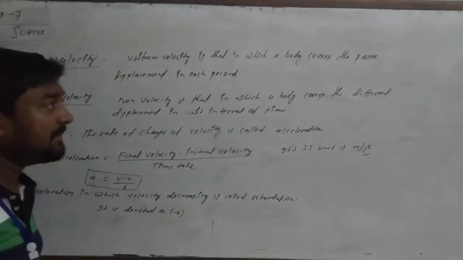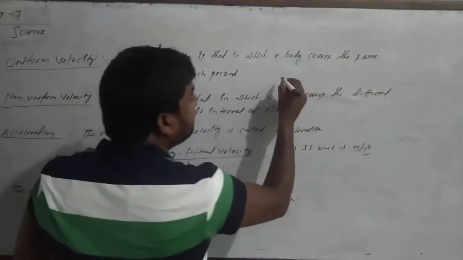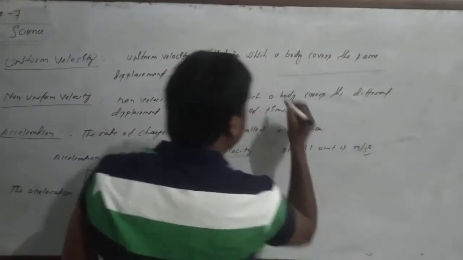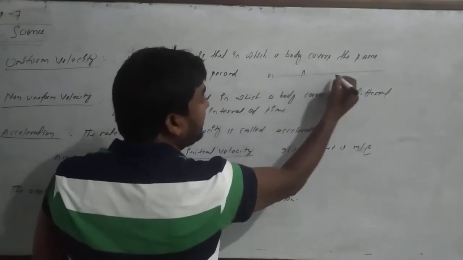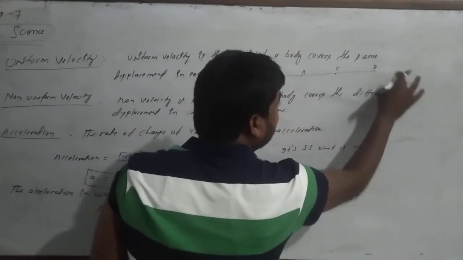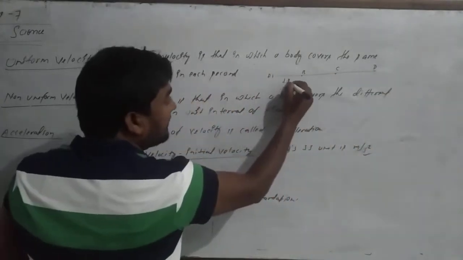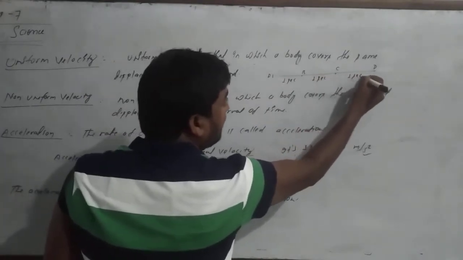So uniform velocity means, see this figure first. Suppose this is point A, this is point B, this is point C, and this is point D. 1 second, 1 second, 1 second.